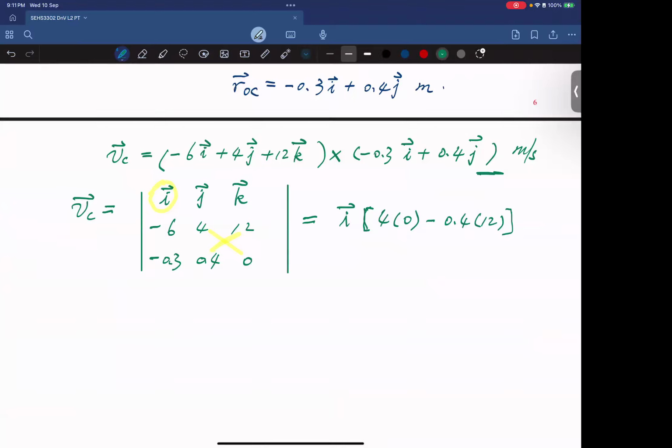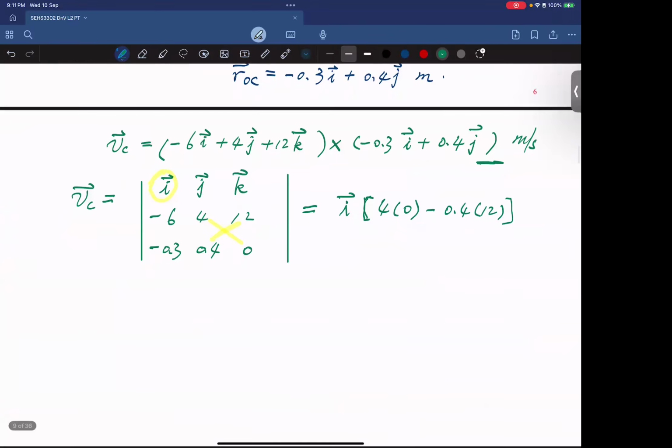For the J part, you use the cross without the J column, and it is negative.